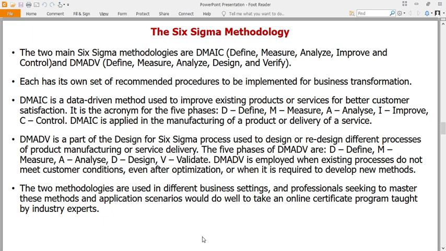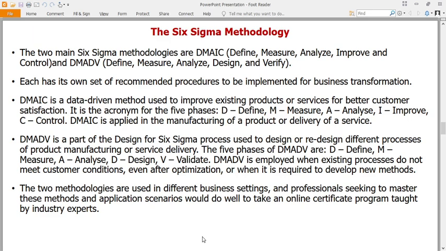So the define, measure, analyze, improve, and control methodology is a data-driven method, and it is used to improve existing products for a better customer satisfaction.